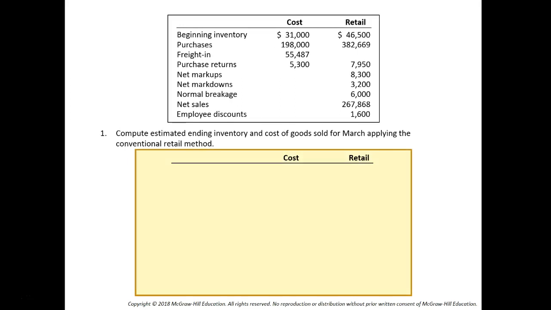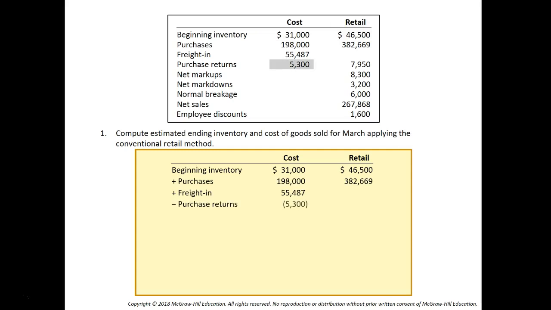So here we have the information here. We'll begin by computing the estimated ending inventory and cost of goods sold for March using the conventional retail method. We begin with our beginning inventory, add our purchases, plus our freight in, minus our returns, and we add our markups to come up with our costs available for sale.